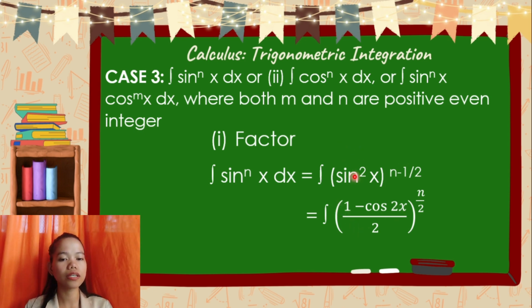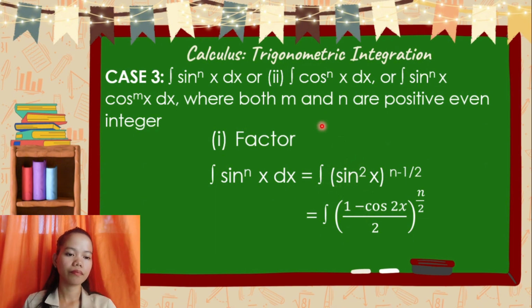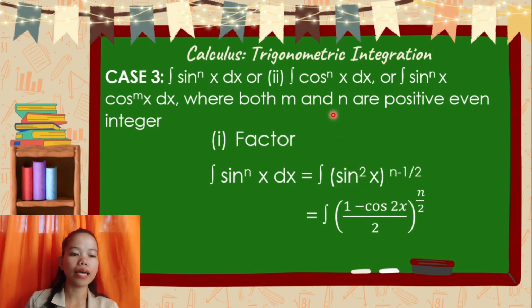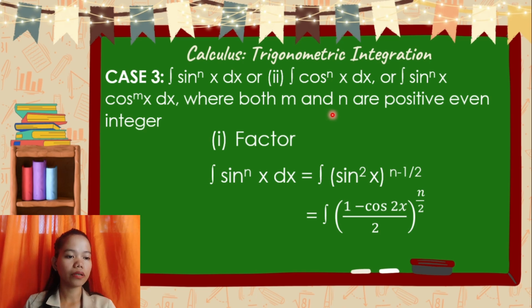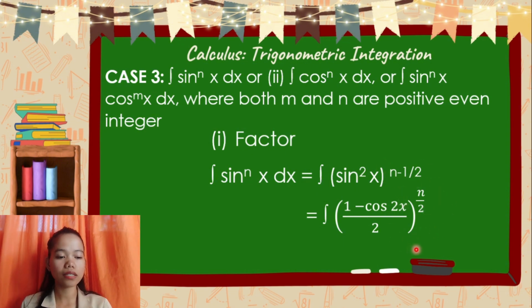our function is our trigonometric function sine and cosine both have m and n, that their power is a positive even integer, what we are going to apply is the half angle identity, in which the half angle identity of our sine squared of x equals 1 minus cosine 2x all over 2.